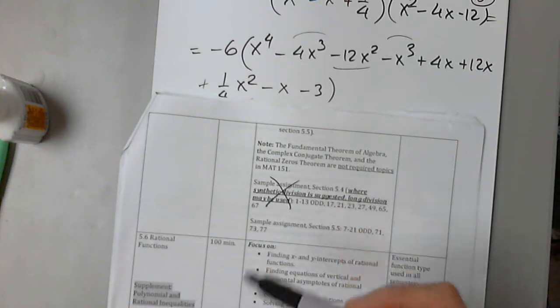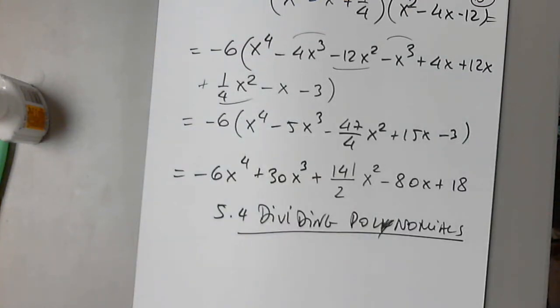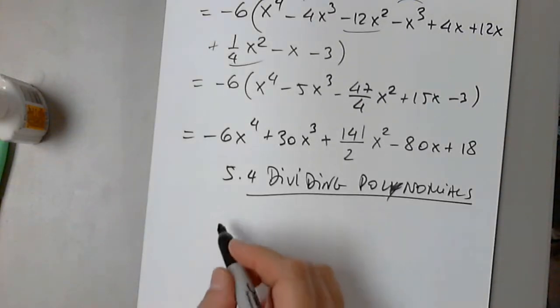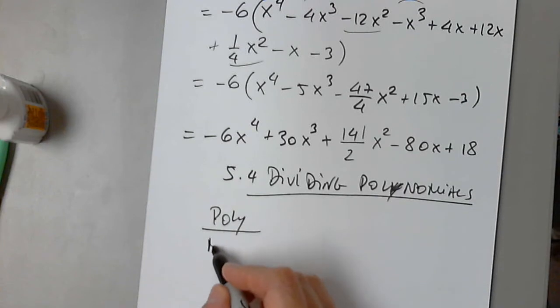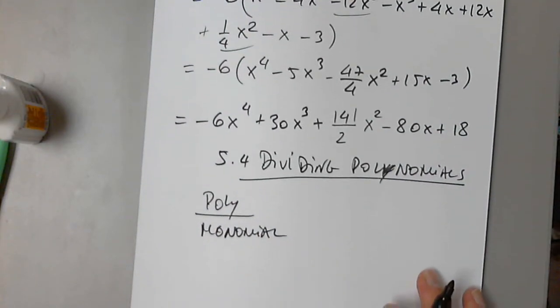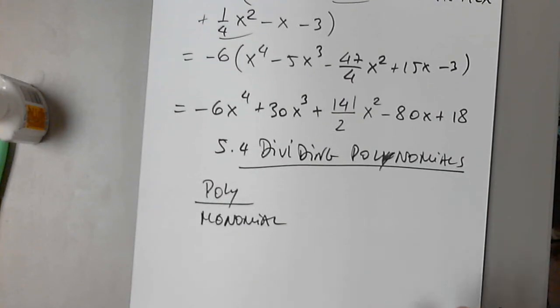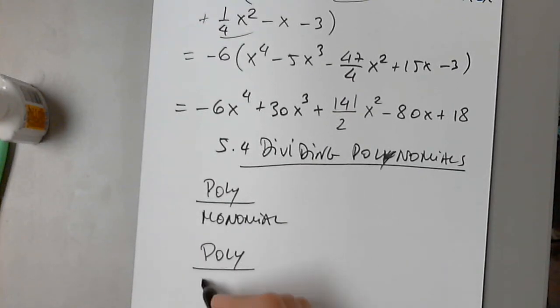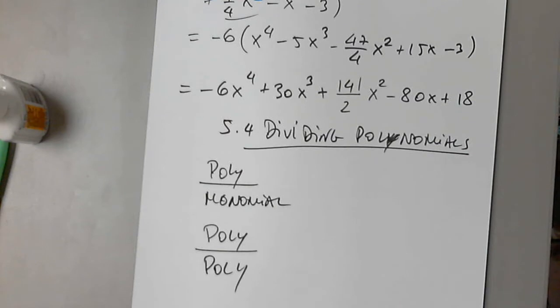So they crossed out synthetic division as well. That's fine. So we're going to look at long division, but still, if we divide a polynomial by one monomial, one term, that's one type of division. And if we divide a polynomial by any other polynomial, not a monomial, that's a different type. And this is what is called long division.